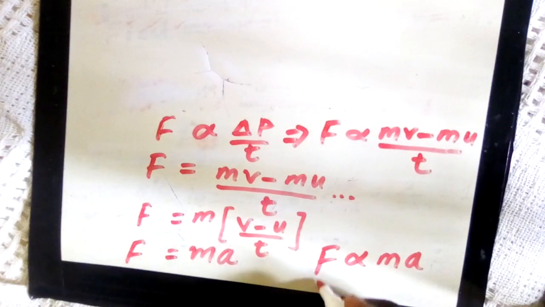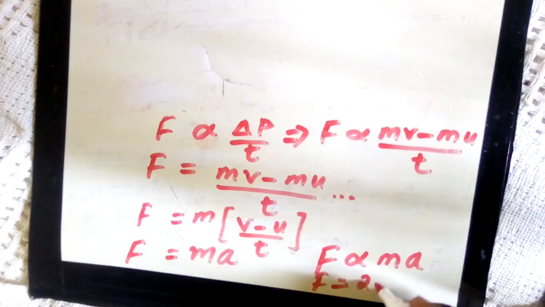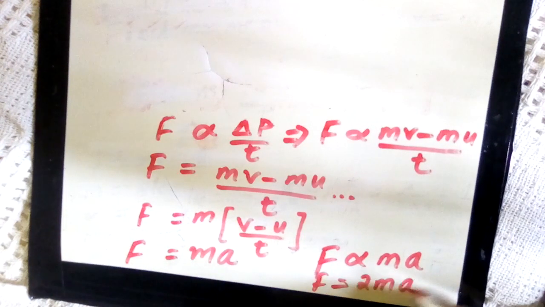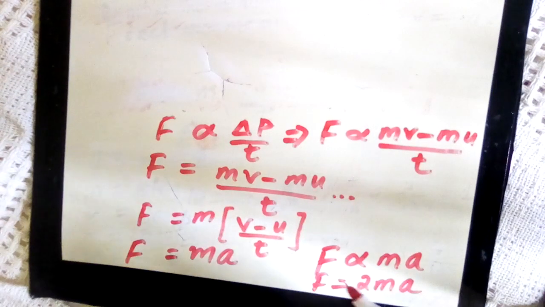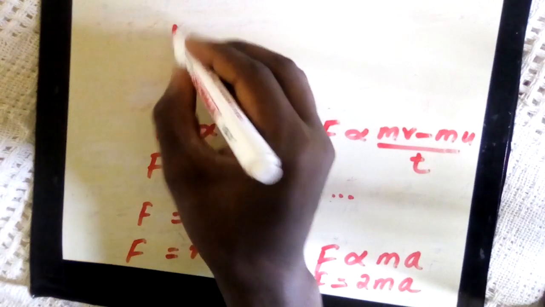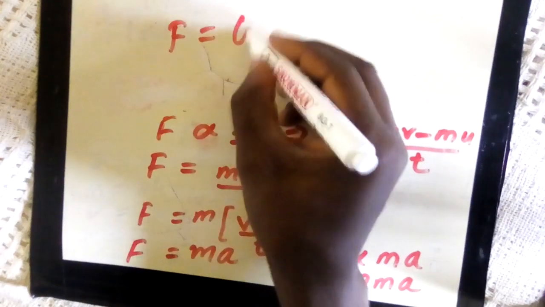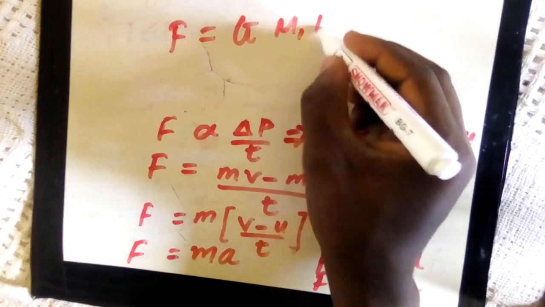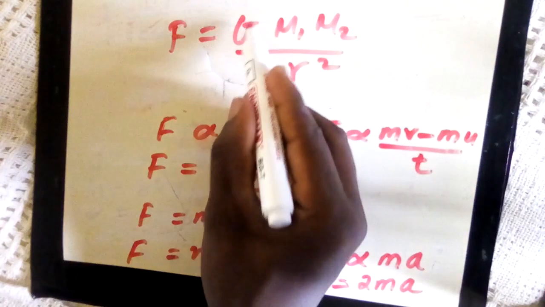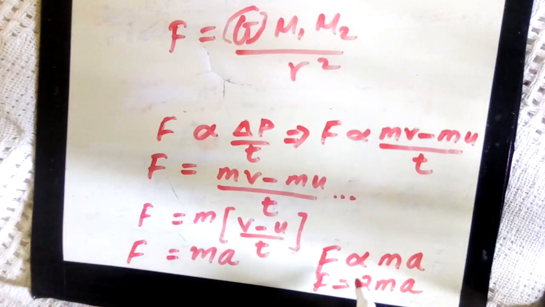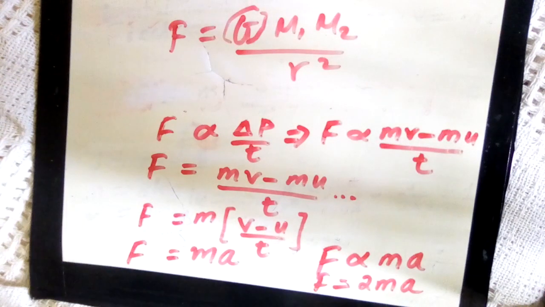Maybe like F is equal to 2ma, or like Newton's law of universal gravitation, which is F is equal to G m1 m2 divided by r squared. There is a constant there, but in this formula we can't see any constant. So where is it going?